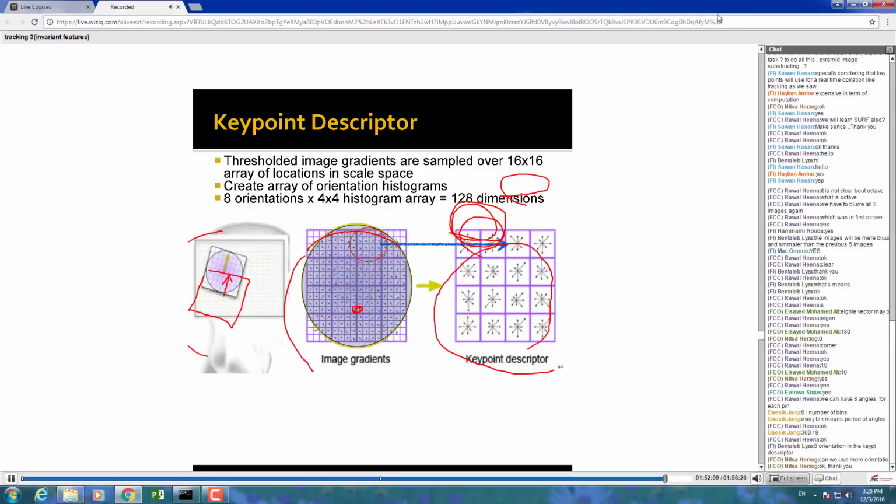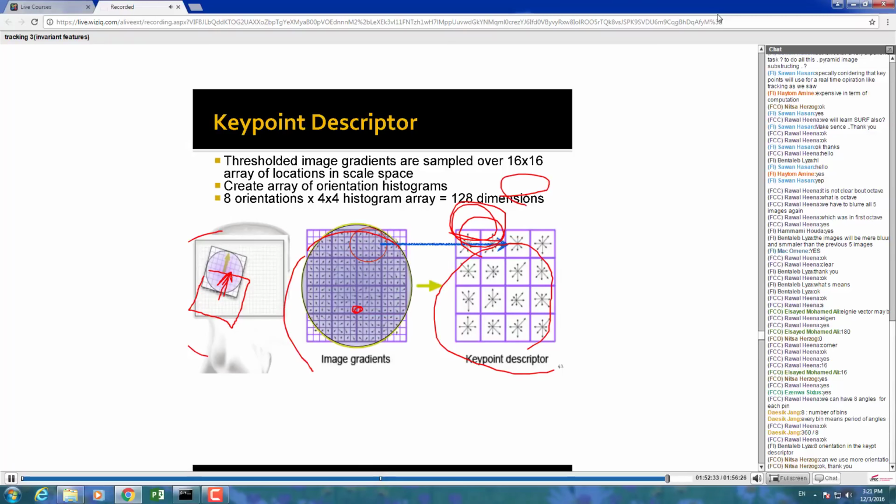Okay, almost done. So detection and description. In this way, these kinds of descriptors are very straightforwardly becoming rotation invariant, right? Because we have rotated this window based on the key point orientation.